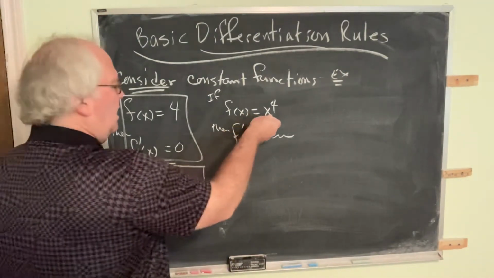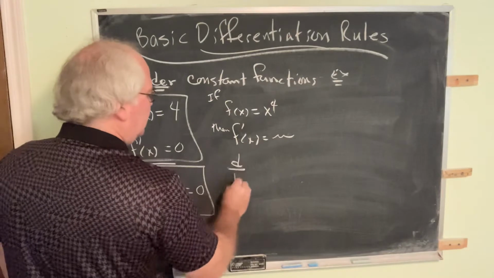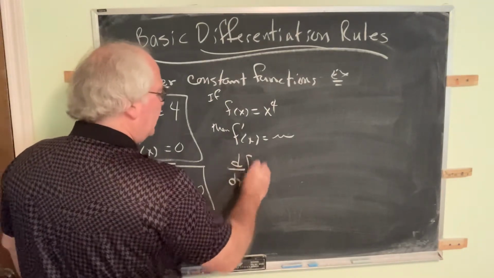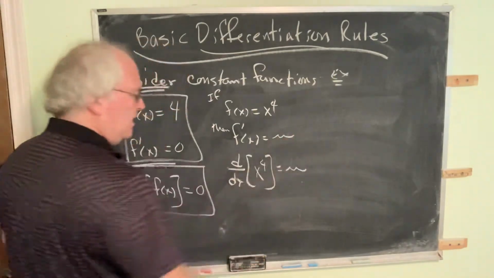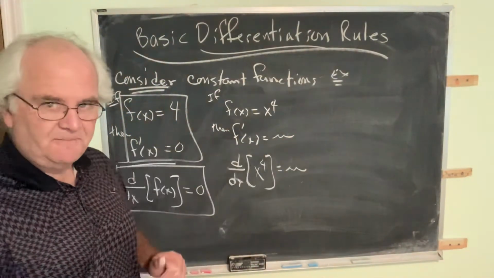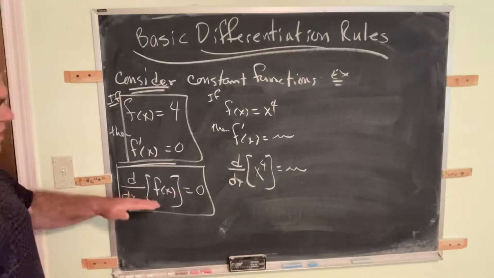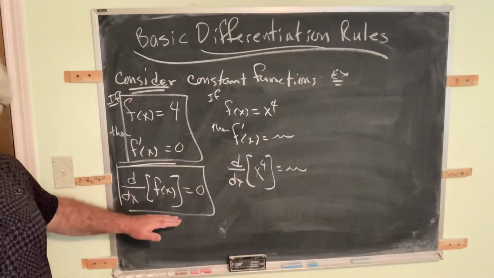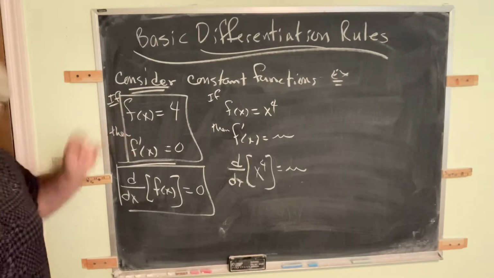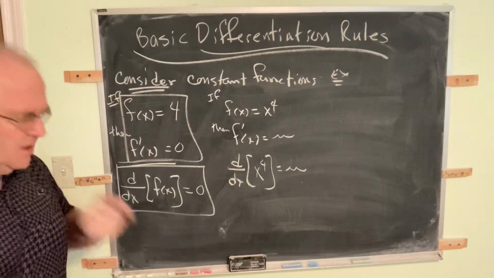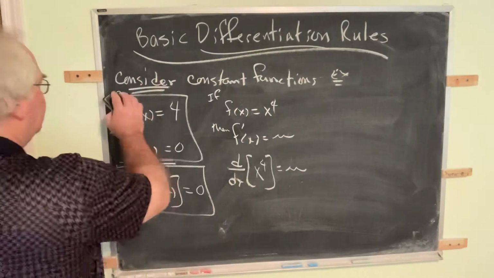And so when we get here, we will write it this way. D by dx of x to the 4th is equal to, and then we'll write what it's equal to. We'll find that out here in just a little bit. The point I'm making here is I'm going to use this 1-line notation rather than this if-this-then-that 2-line notation.